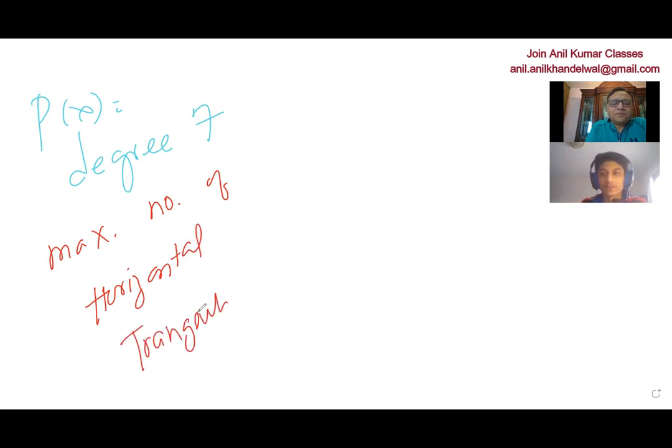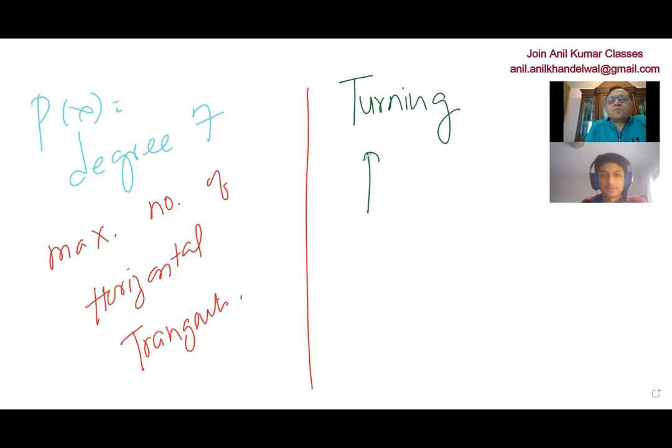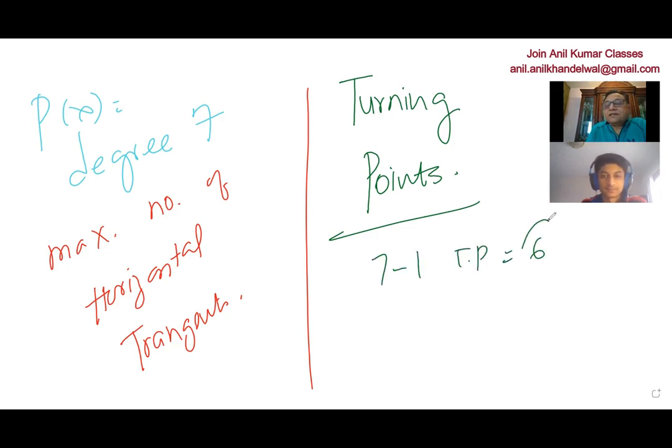So basically, you're referring to turning points. Perfect. If it is degree 7, then you have 7 minus 1 turning points, right? Let me write TP. So you expect 6 points where the horizontal will be tangent, right?